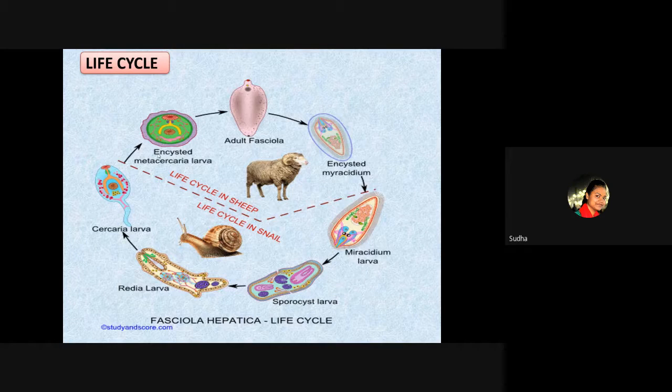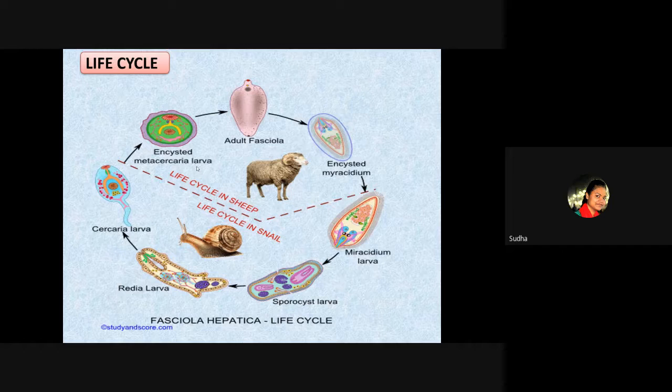As you know, sheep like grazing in the field and consume green grasses. So the metacercaria larva is attached to the blades of the leaves, and when the sheep graze on those leaves, they consume it. The metacercaria then develops into the adult Fasciola in the liver.